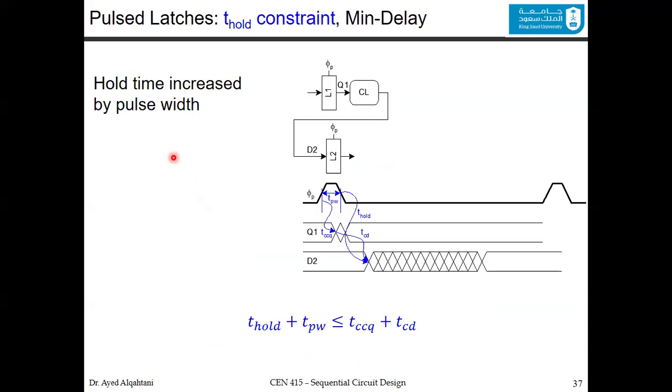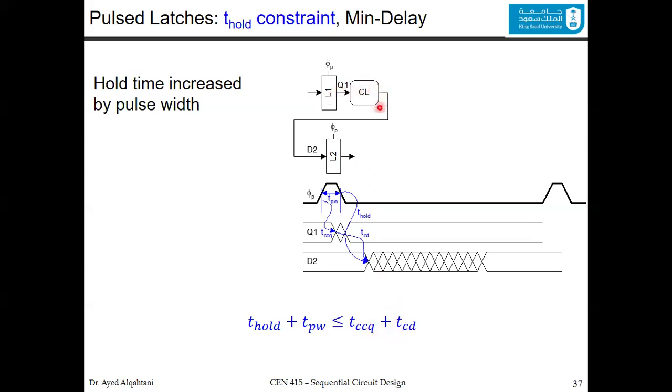Now, what about the holding constraint of the pulse latches? Again, the hold time is increased by the pulse width. It is like what we saw in the two-phase latches, where we have the non-overlapping. Now, the equivalent to the non-overlapping is the pulse width. So the hold time plus the pulse width is less than or equal to the contamination clock to Q plus the contamination delay through the circuit.